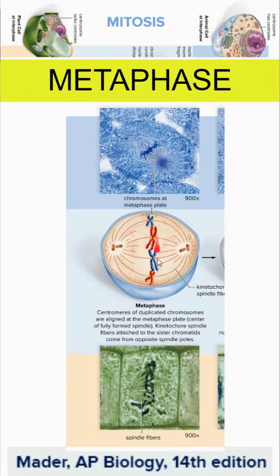So in metaphase, everything is lined up in the middle, and this is a really important checkpoint because it's at this point where we have a spindle tug of war and make sure that spindle fibers are attached properly to the kinetochores before they start dividing. Otherwise, we can end up with non-disjunction.